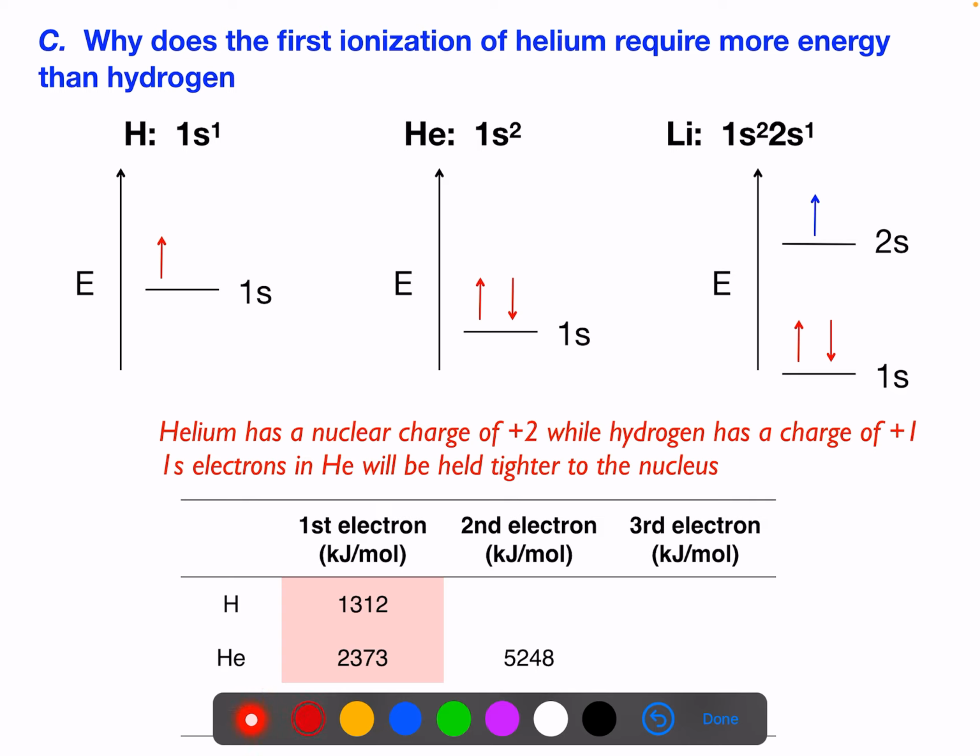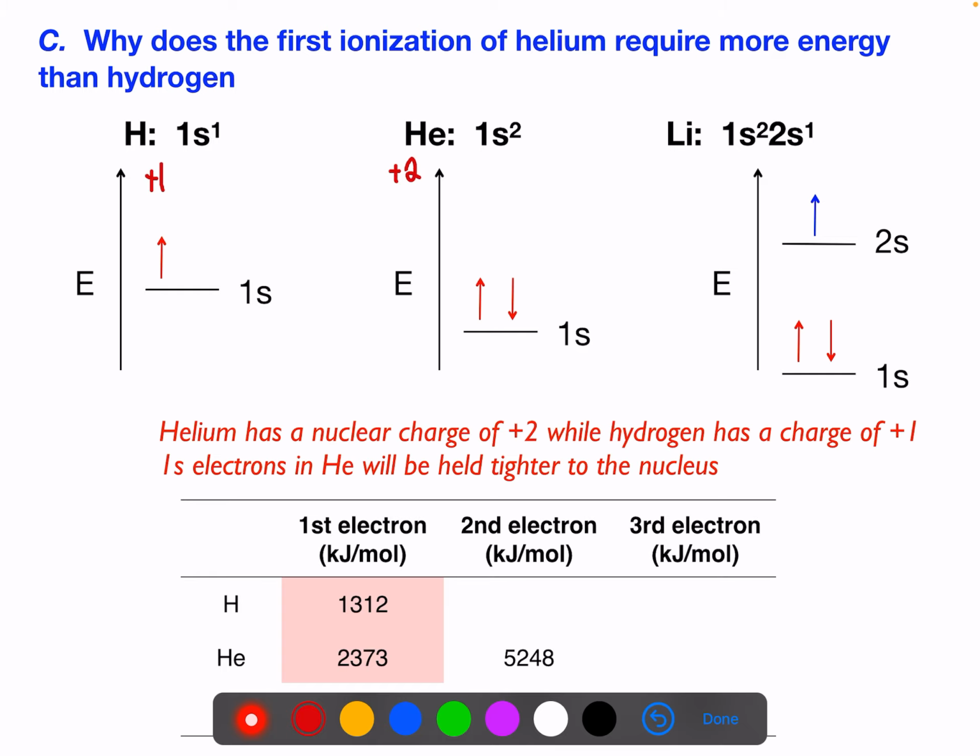The nuclear charge of hydrogen is +1. The nuclear charge of helium is +2. That greater nuclear charge makes helium smaller than hydrogen, and it attracts the electrons more. They're closer to the nucleus and feel a greater attraction of that charge, making it harder to remove that electron.